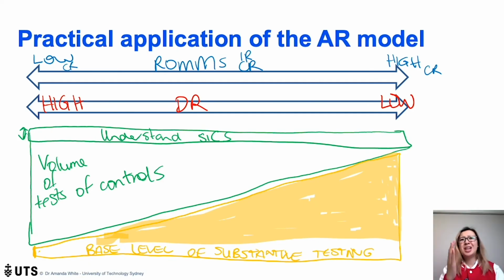Or, well, my detection risk is somewhere in the middle, so I'm going to do some tests of controls where controls are good, but where I know there's a weakness, I'm going to ramp up that substantive testing because I know that there's a greater chance that there's going to be an error there. So I know that this is quite a long section, but it's really important that we understand this because what we're going to be doing in the next module hinges on knowing how to do this correctly.